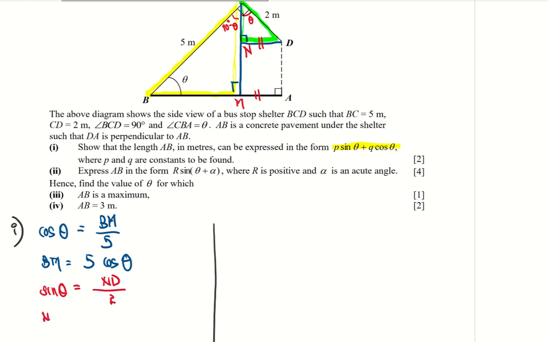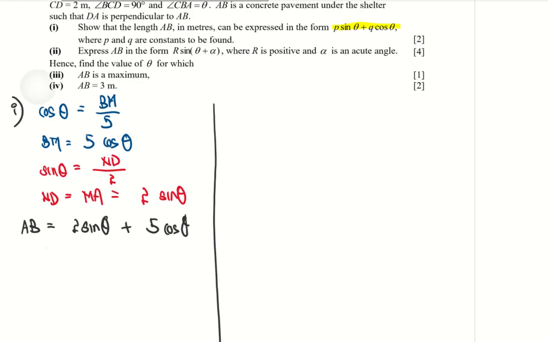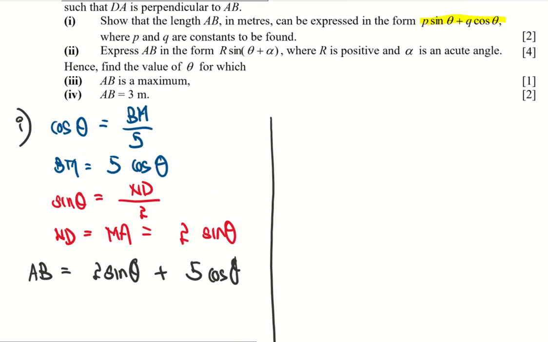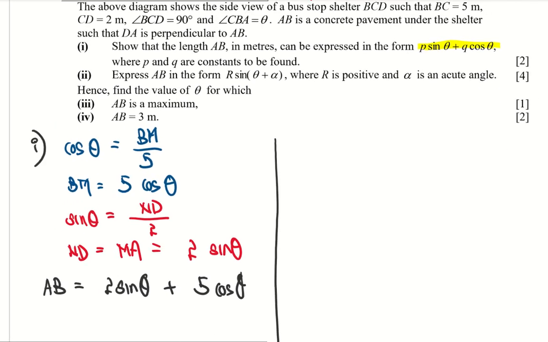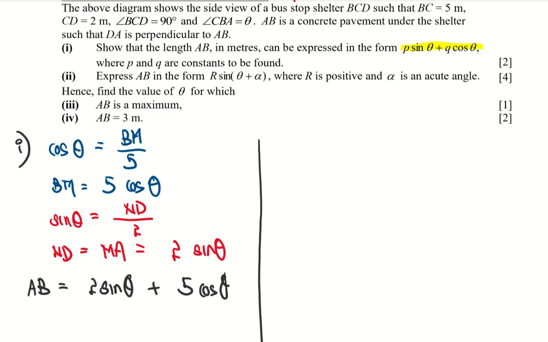So in this case, ND, which is the same as MA, can be expressed as 2 sine theta. Now we can express our length in the form as stated in the question. And we have done our showing. If there are no numbers there, remember, during exam, you can hum any number inside.